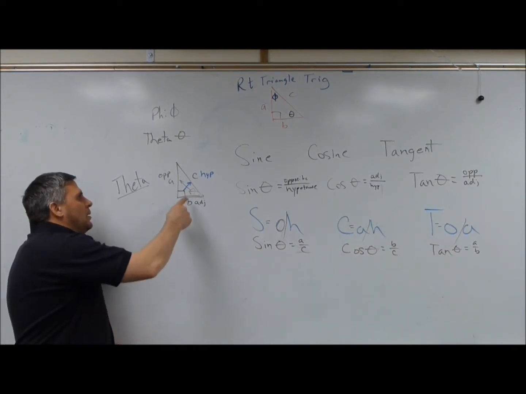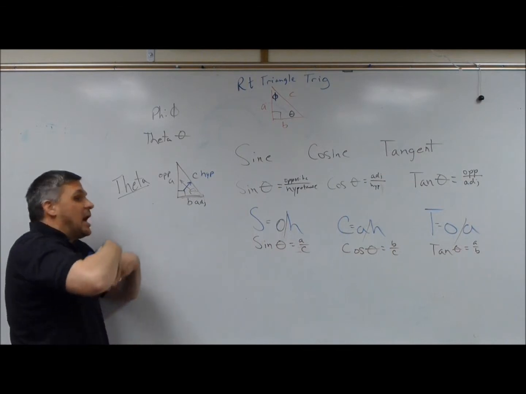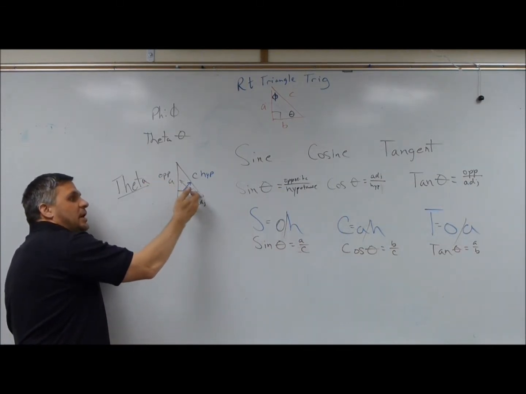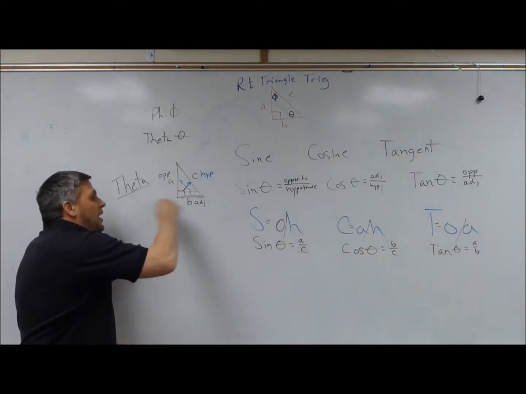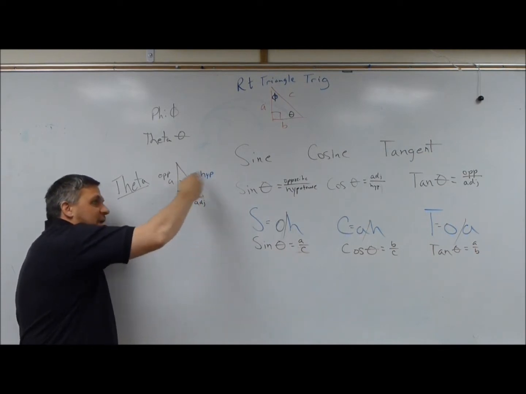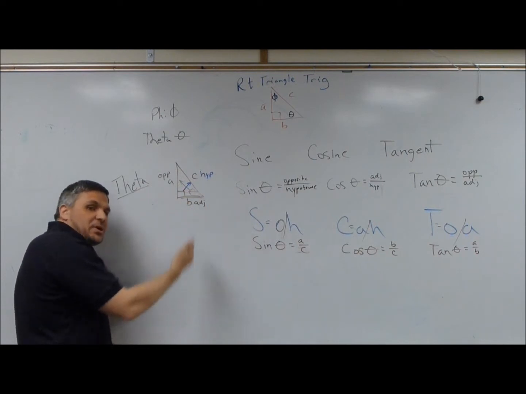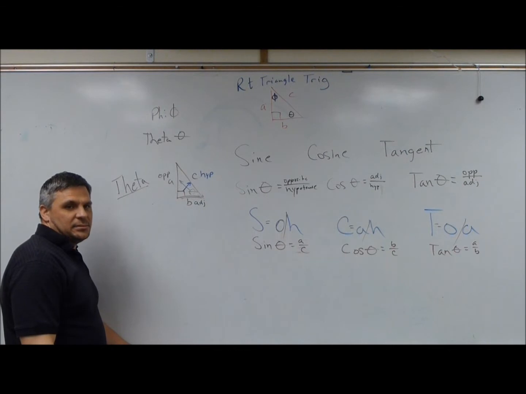The leg opposite of the angle you're looking at is the opposite leg. The one touching the angle, creating the angle that you're looking at along with the hypotenuse, that is your adjacent leg.